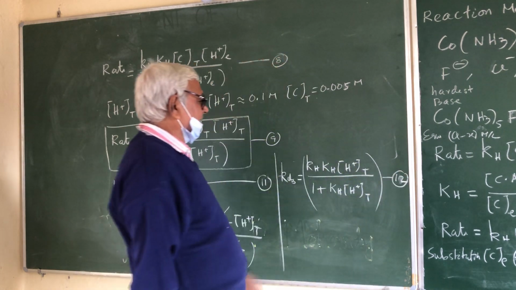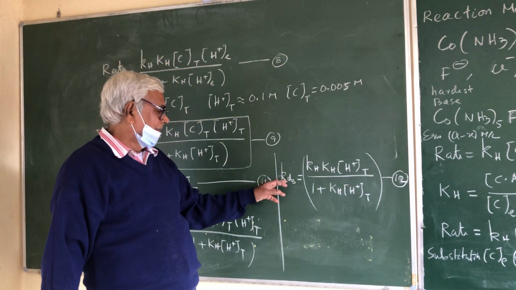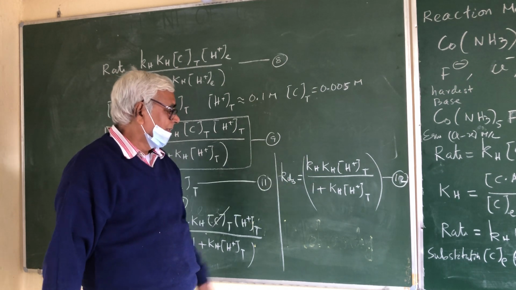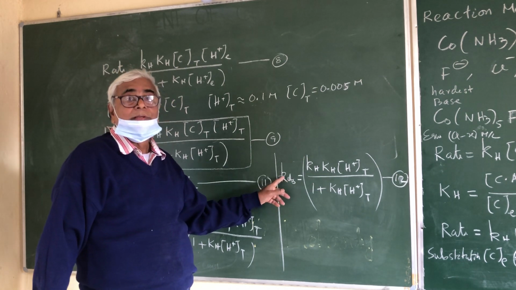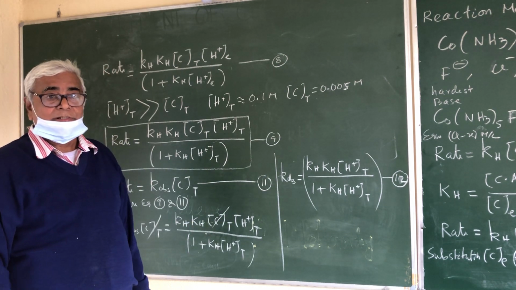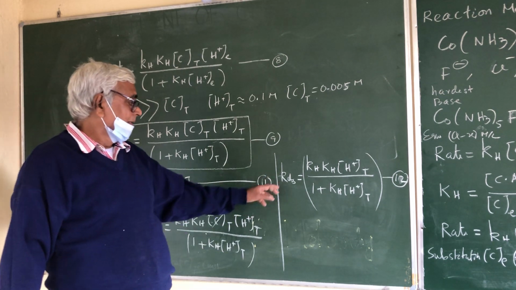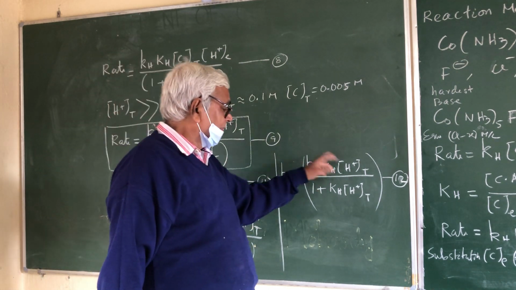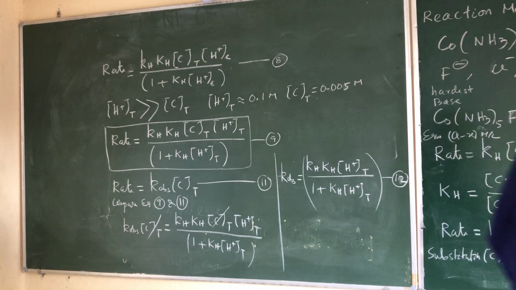This is the rate law in the light of k observed. Rate is replaced by k observed. We always calculate pseudo first order rate constants, so we calculate k observed. The unit is second inverse, which you get experimentally.